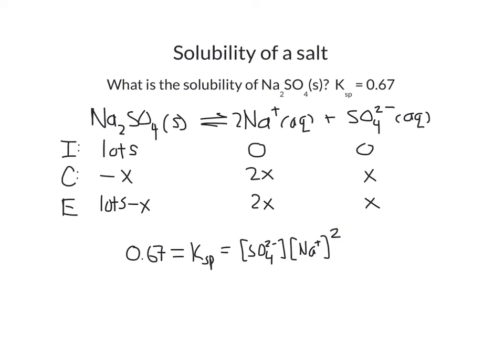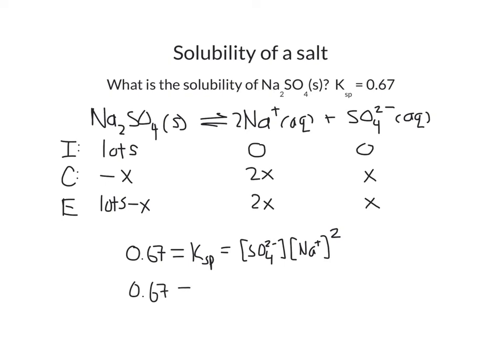So I know that 0.67 is going to be equal to this quantity. And my so-called ICE chart tells me that I have X sulfate and 2X sodium plus. So I'm going to substitute my equilibrium values for the concentrations in my equilibrium constant expression.